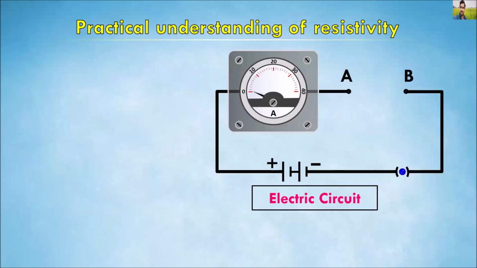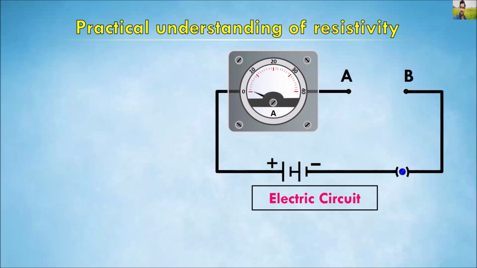Practical understanding of resistivity. Let's understand this arrangement. In this arrangement, we can see there is a meter which is connected in series in this circuit. Now, a copper wire we have used. As we can see through the animation, we are getting approximately 30 ampere current.